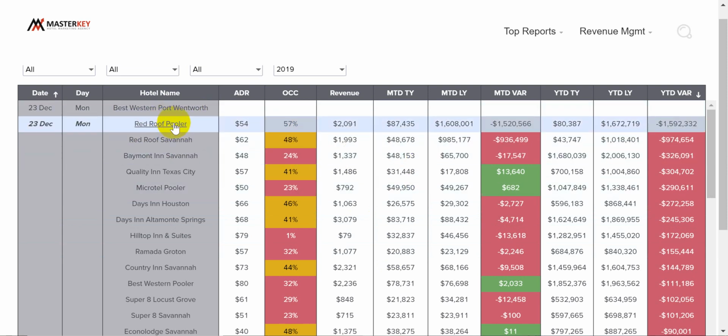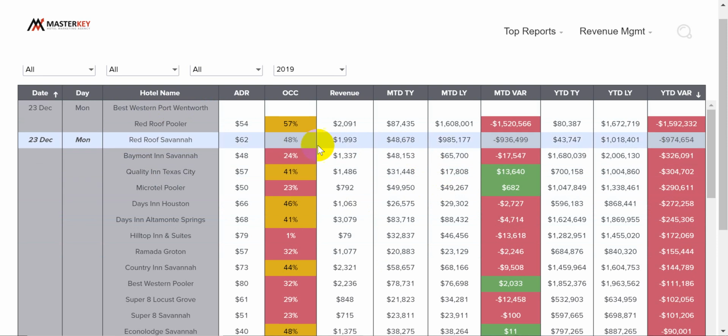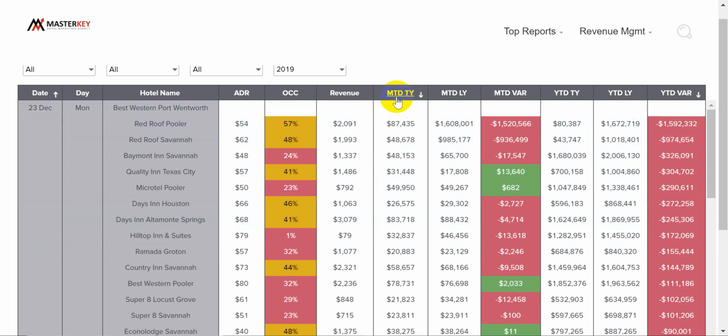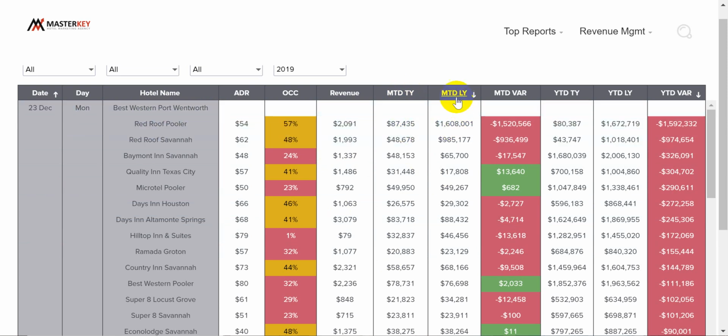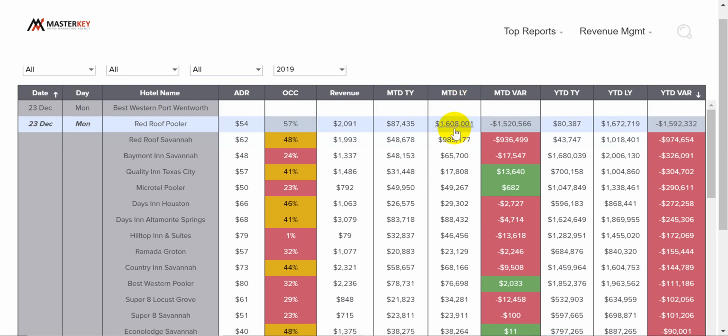As I was making this video, I observed that the month till date revenue this year for this particular hotel is $87,000 for the month of December, and then here, month till date last year, for the same month, December, the revenue cannot be 1.6 million in just one month.